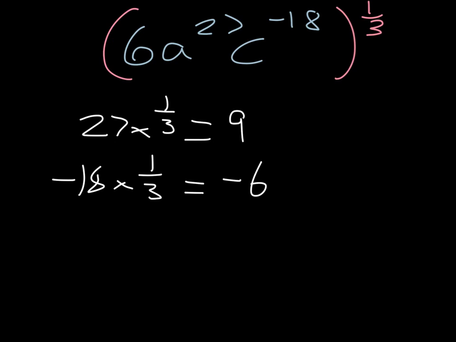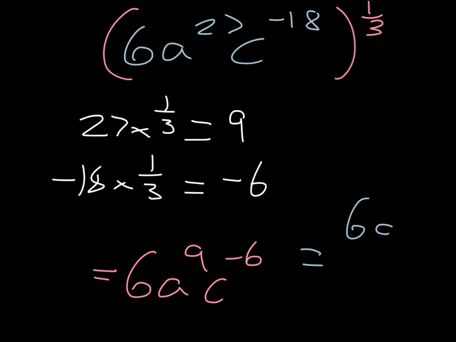Now that we've done everything, we have our final answer of 6, a to the power of 9, and c to the power of negative 6. However, we have to leave this in positive index, which will give us the final answer of 6, a to the power of 9 over c to the power of 6, because moving a negative indice to the bottom of the fraction makes it positive.